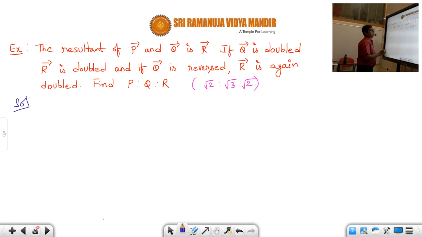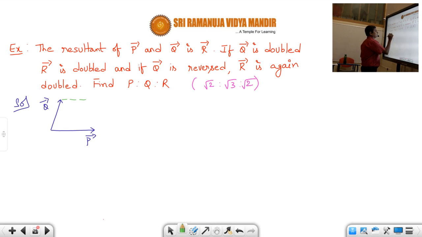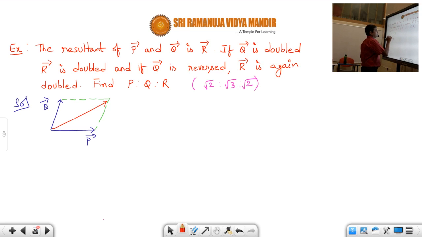Okay. So now let us see the solution for this one. The resultant of P bar and Q bar. Suppose this is the P bar vector, this is the Q bar vector, students. Now how will you get the resultant of this one, students? Just draw the parallelogram and then draw the diagonal. This is called R bar, students.